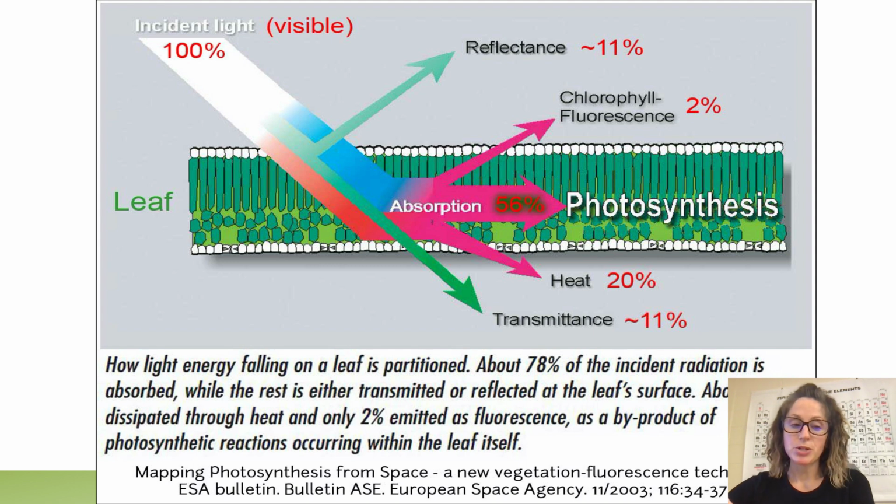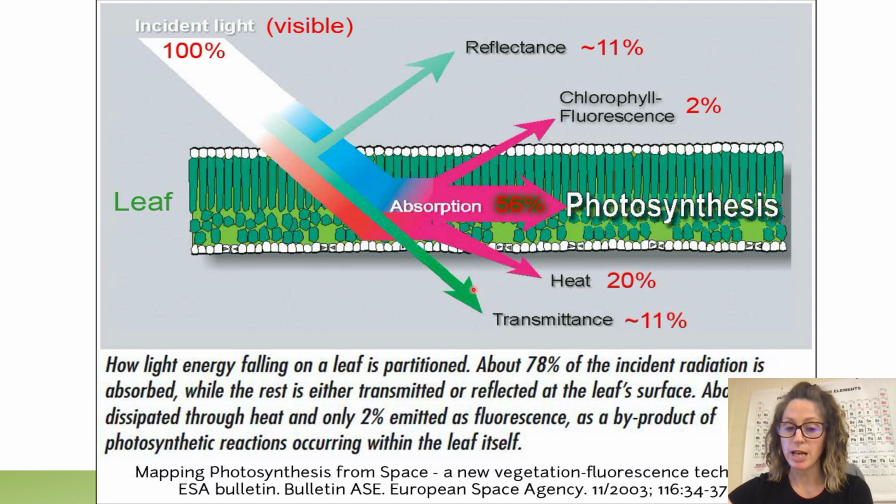So what happens to light energy? Remember, we get 100% light energy from the sun. And again, we're just looking at visible energy. We see 11% gets reflected right off the leaf. We see another 2% that gets emitted as fluorescence.